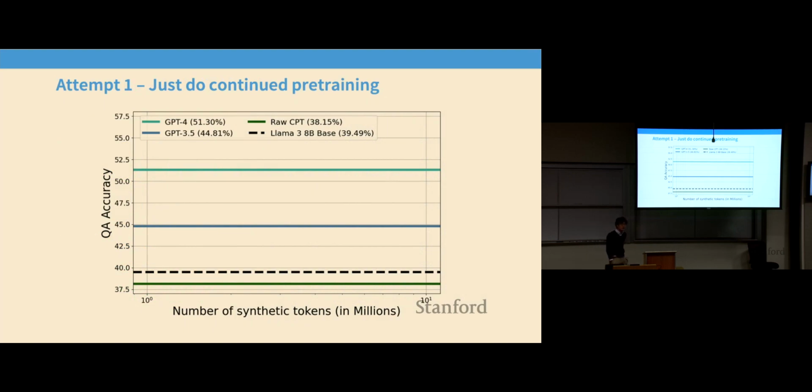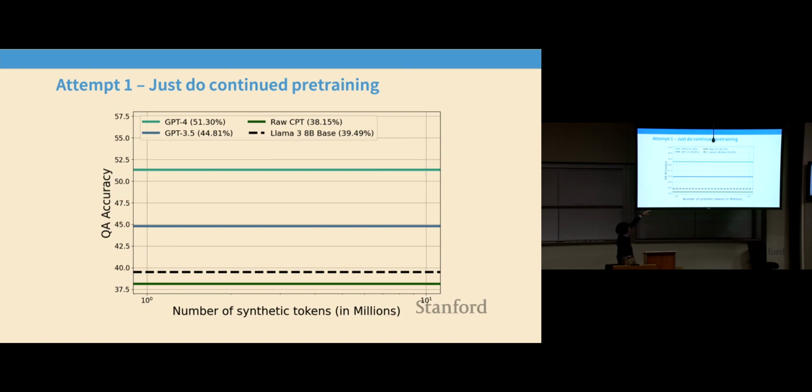The very first thing I'm going to do is just continued pre-training. This is the thing that I told you about before. I'm going to take all the books and train my language models in the usual autoregressive way, next word prediction, running through all 1.3 million tokens or so. Llama 3 8B, which is the model that we're going to be improving, is the black dashed line.